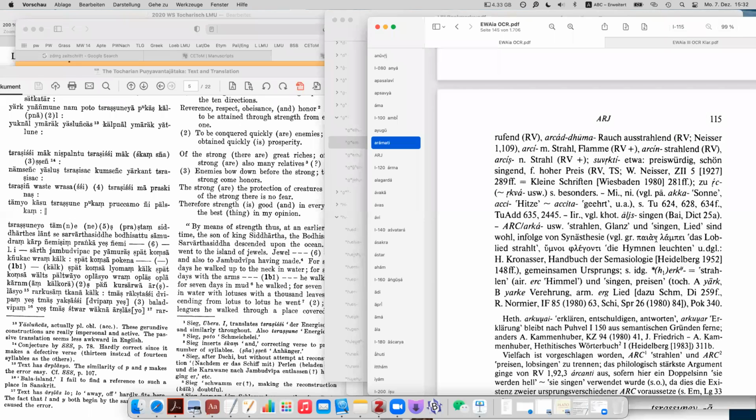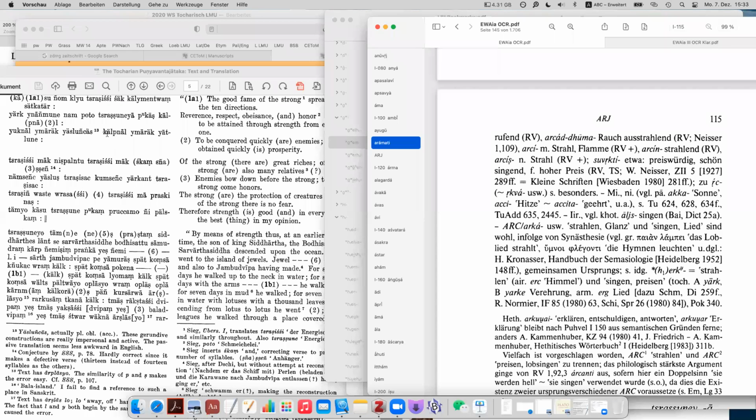It means that, how to say that, the hymns, yeah, there's kind of some special expression. This means that the hymn or the praise shines, yeah. So it makes someone shine, makes someone famous. It looks like this, yeah. Okay.